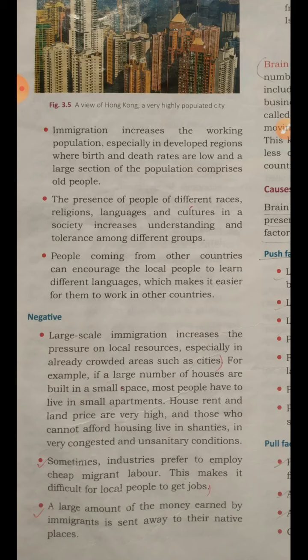What are shanties? Shanties are temporary houses made of iron sheets or other temporary material. Even bamboo sticks are used to make shanties in very congested and unsanitary conditions.